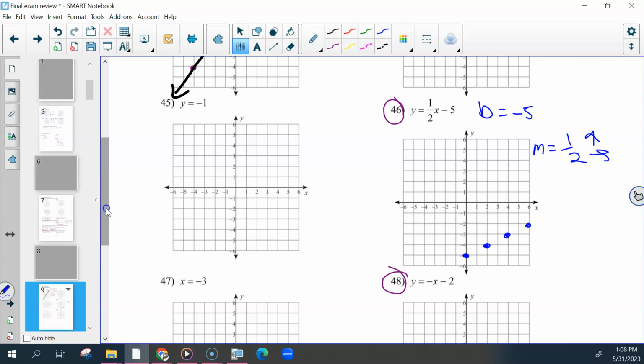Or we can do the opposite and go down 1 and left 2. Then draw a line through all of those. And draw arrows at the end.